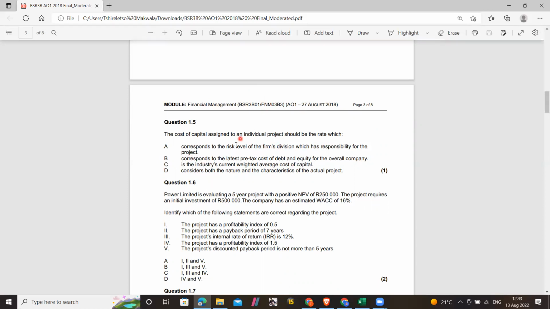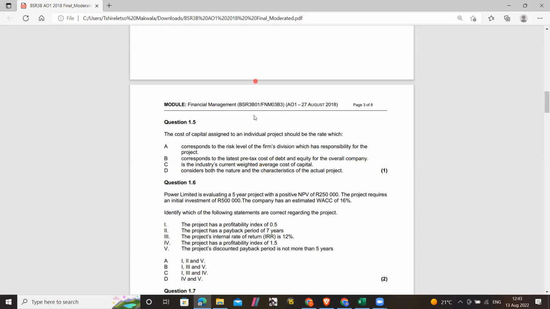And they said this one corresponds to the pre-tax, definitely not pre-tax, because cost of debt is definitely post-tax, after tax, right? So not B. And then it says it's the industry weighted average. No, no, no. It's not the industry weighted average.